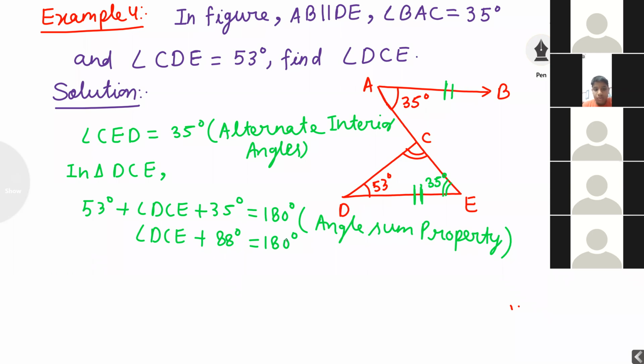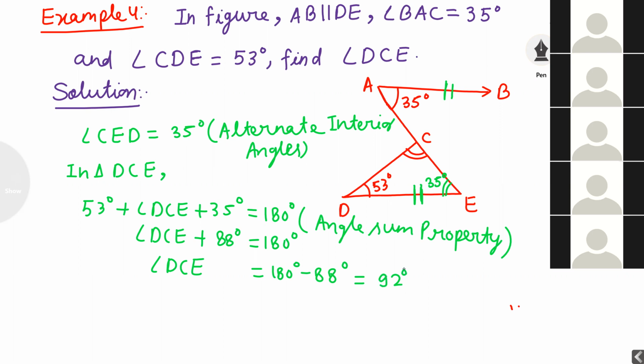Then angle DCE is equal to 180 minus 88 degree, which is 92 degree. Write down this question.